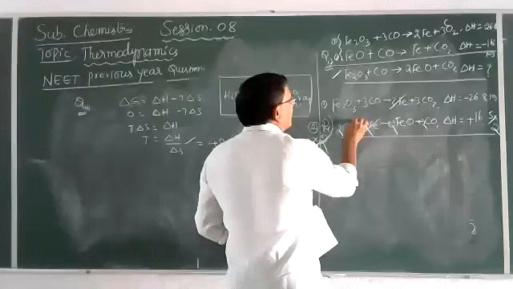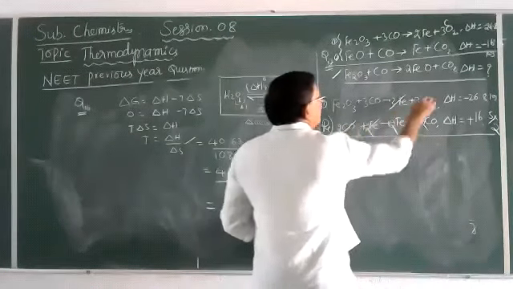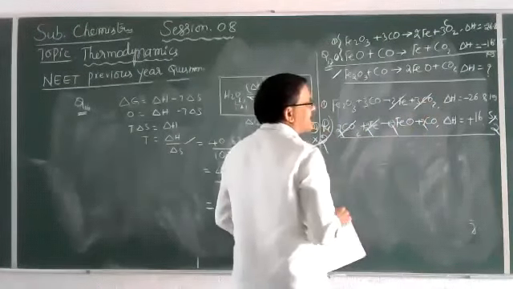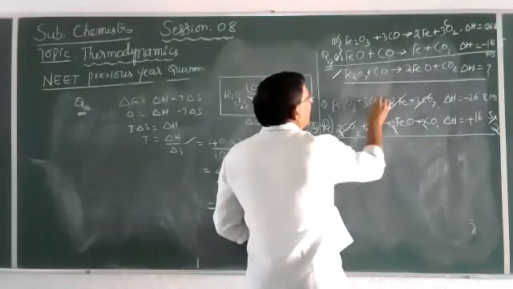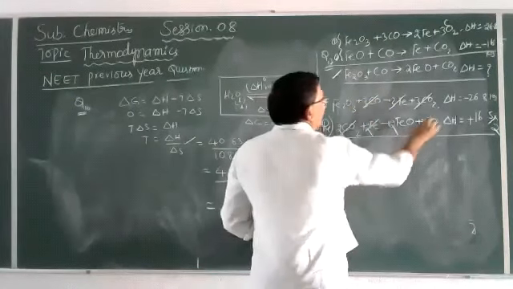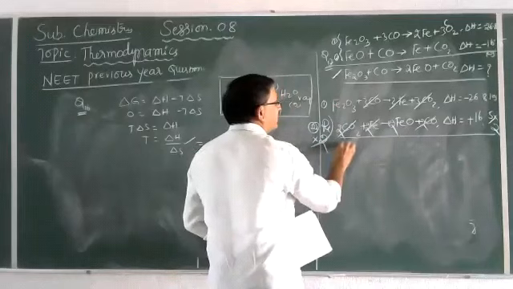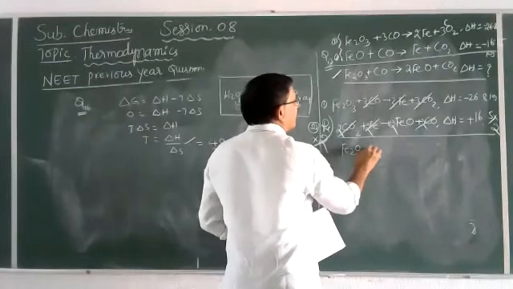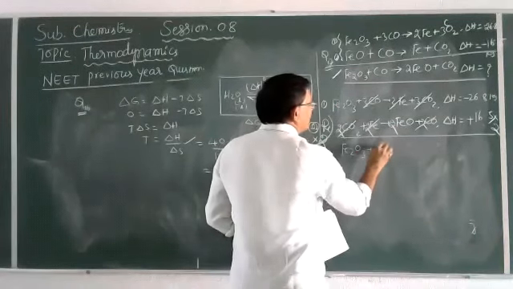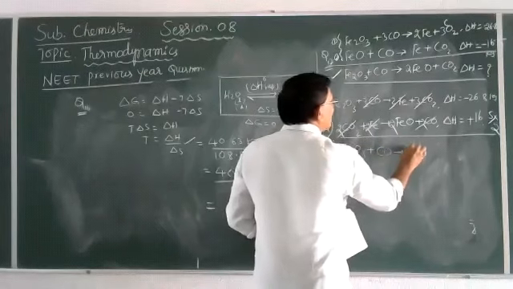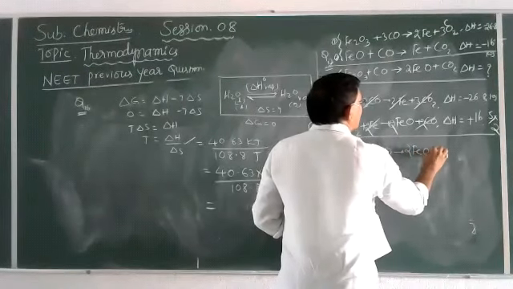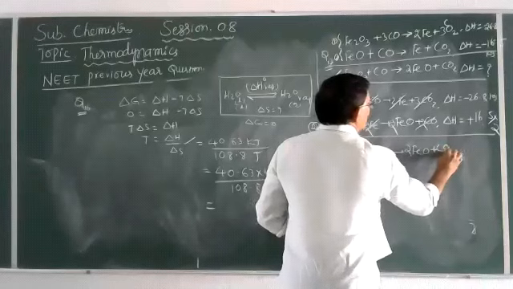Out of 2 CO2 and 3 CO2, 1 CO2 gets cancelled. Here 3 CO, here 2 are there, get cancelled. Finally, we'll get Fe2O3 plus CO gives 2 FeO plus CO2.